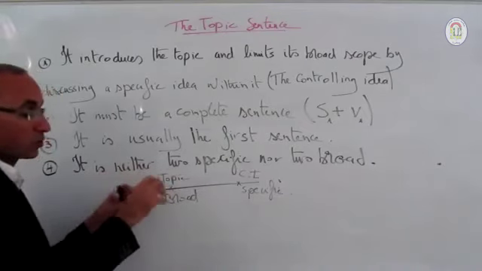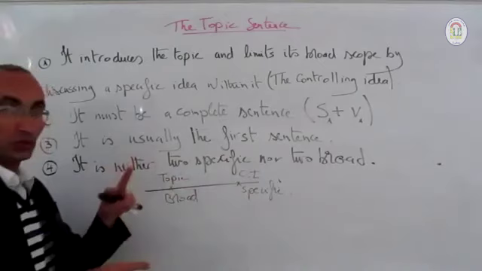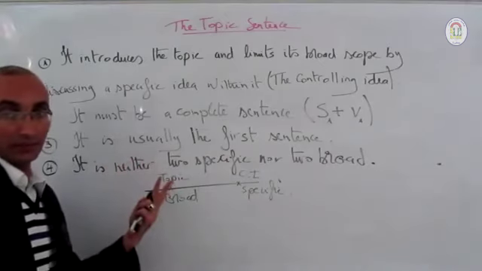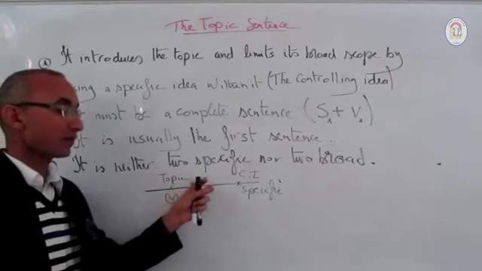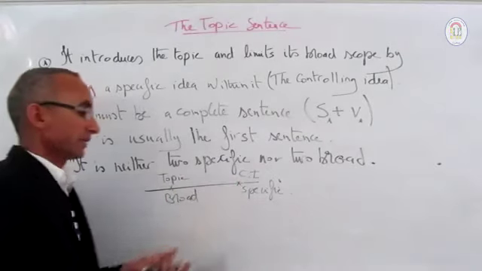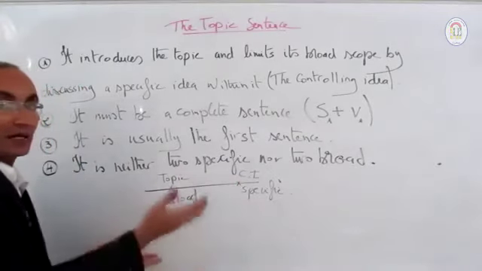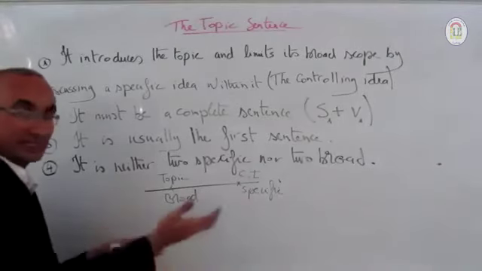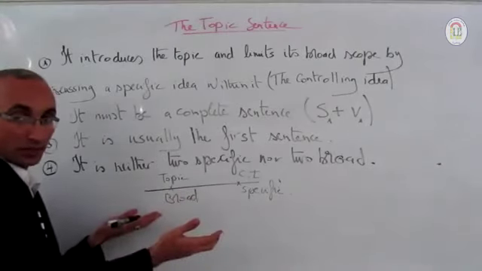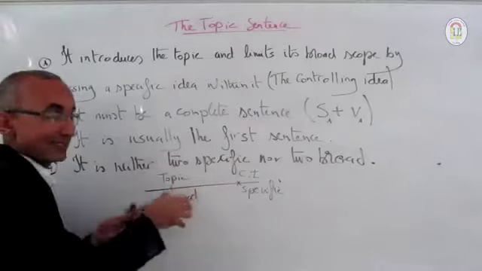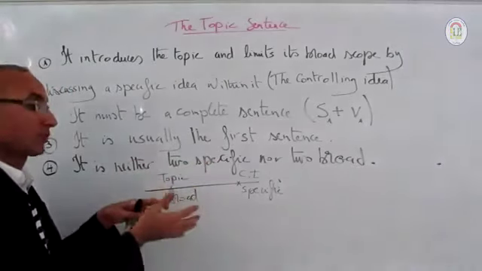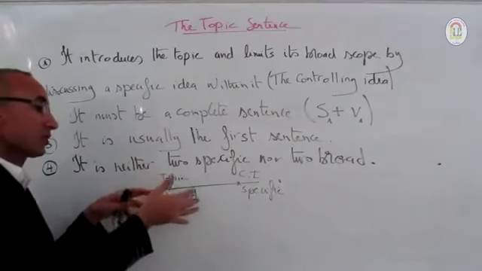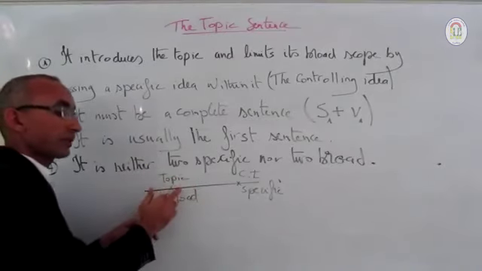Now, if we try to have a comprehensive judgment of the whole sentence, yes, it is neither too broad nor too specific, because it has two sides. One side is too broad and the other is too specific. So here things are weighed up, are balanced. So the whole sentence is neither too broad nor too specific, but there is a side which is very specific and a side which is very broad, which is the topic.